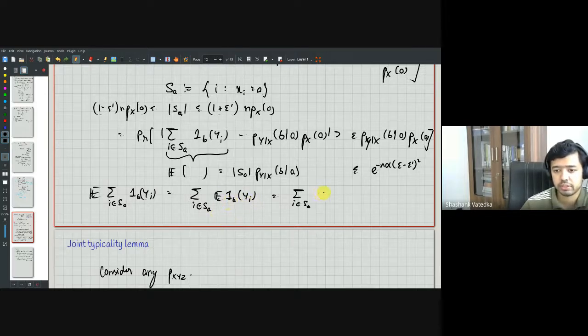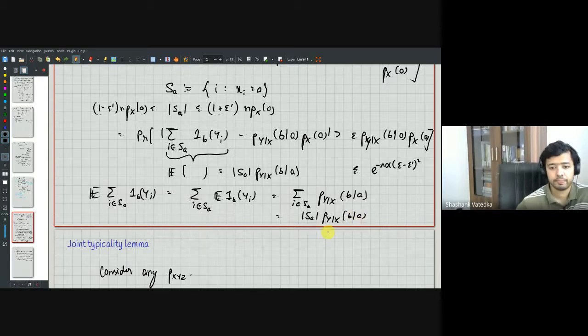So the expectation is just going to be the probability that y equals b given x equals a. And you can just take this out. You will just get the size of S_A times P_{Y|X}(b|a).